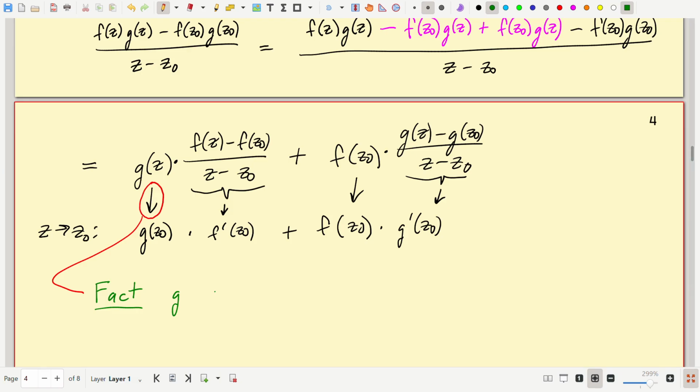So G complex differentiable at Z naught implies G is continuous. By the way, in a freshman calculus book, I would need to do this step exactly like this. And it works out just fine.